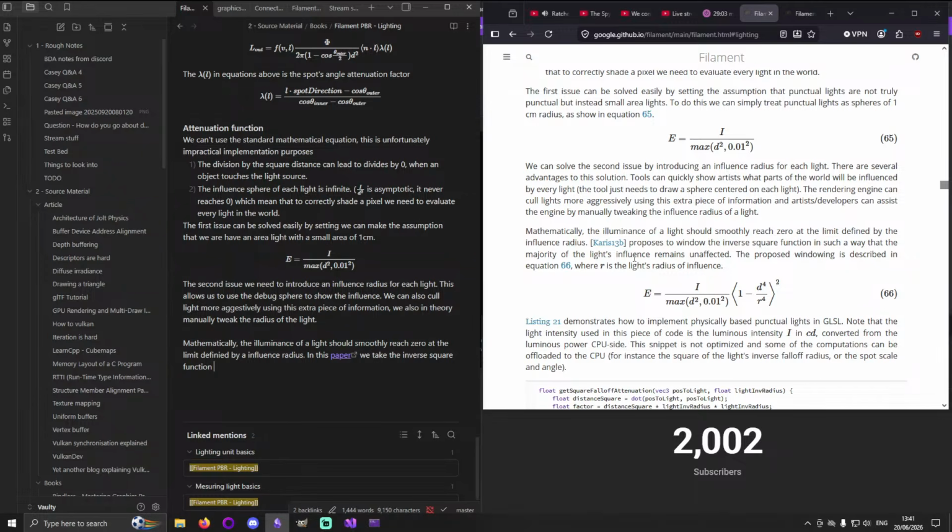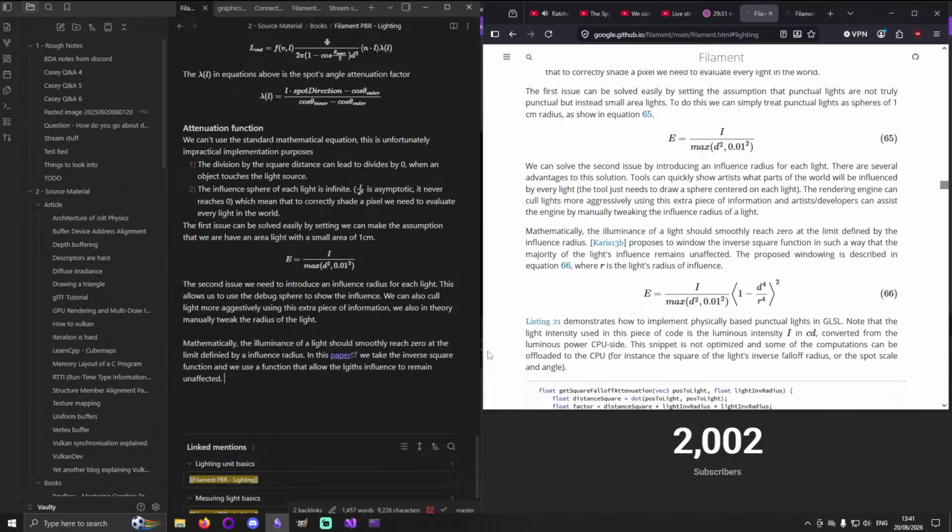In such a way that the majority of the light's influence remains unaffected. Fantastic. There we go. That makes sense to me.